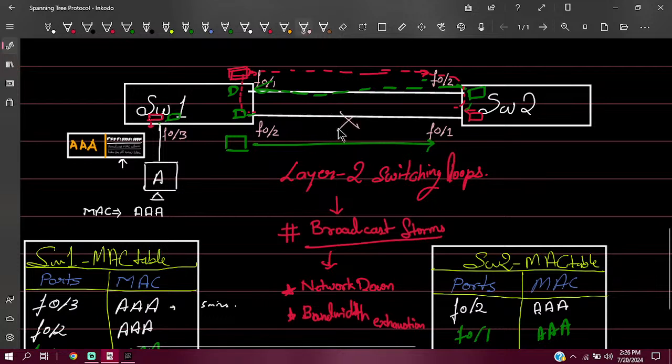We don't want to lose redundancy, but while maintaining redundancy, we want this loop to be eliminated. The only possible solution that Layer 2 devices have is the implementation of Spanning Tree Protocol.